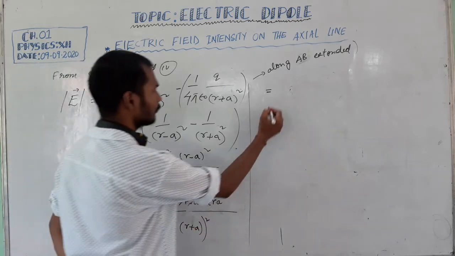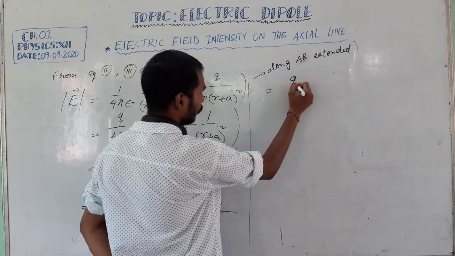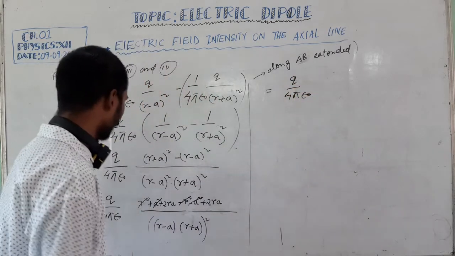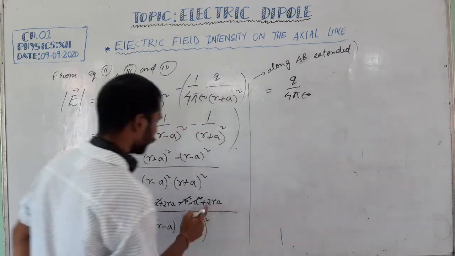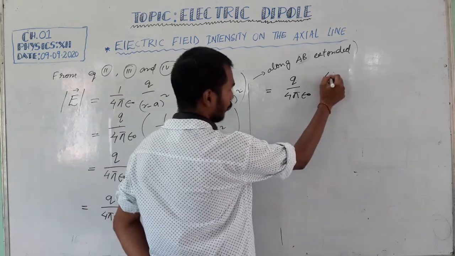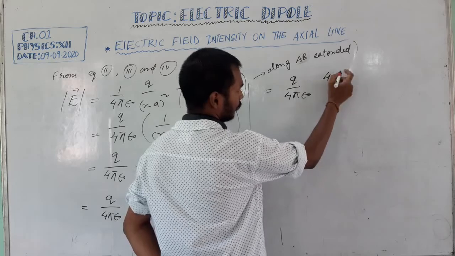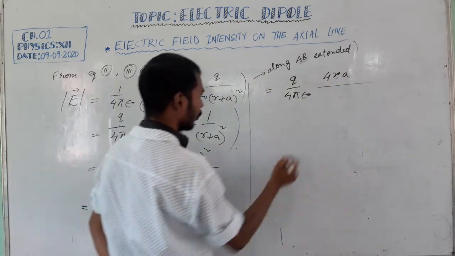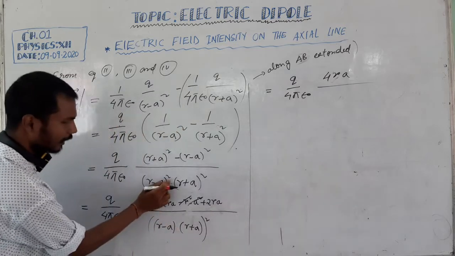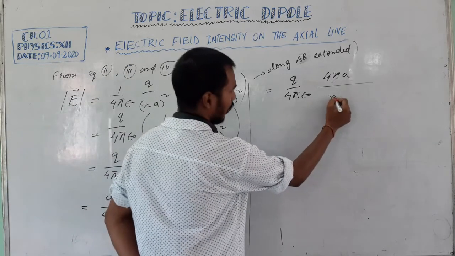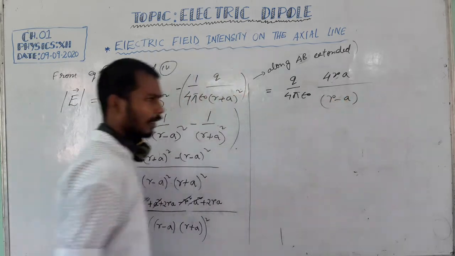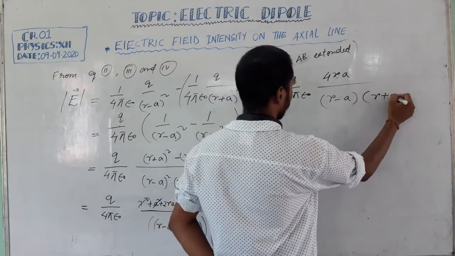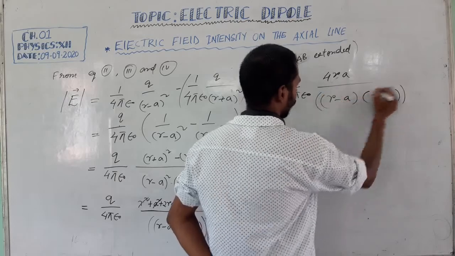Now we are getting q by 4 pi epsilon naught, by plus this twice r a, equal to 4 r a divided by, in the denominator we take this square common, so (r minus a) into (r plus a) whole square.